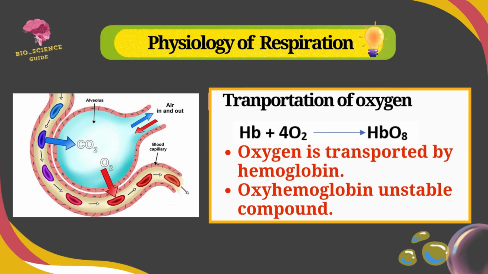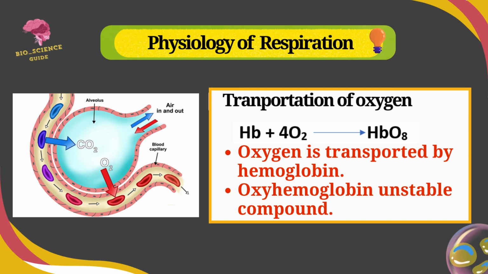In transportation of oxygen, hemoglobin, which is present in the RBC of blood, is known as the respiratory pigment. Oxygen molecules are transported by hemoglobin present in the blood. When oxygen diffuses from the lungs into the blood, oxygen combines with hemoglobin to form oxyhemoglobin.